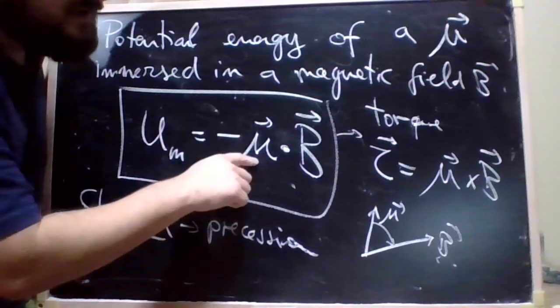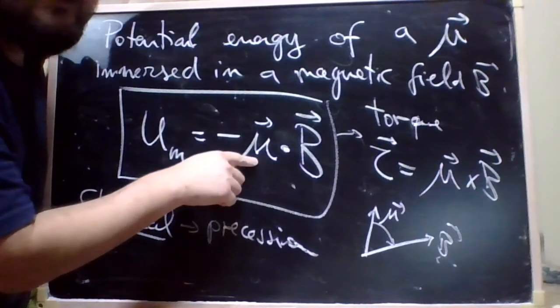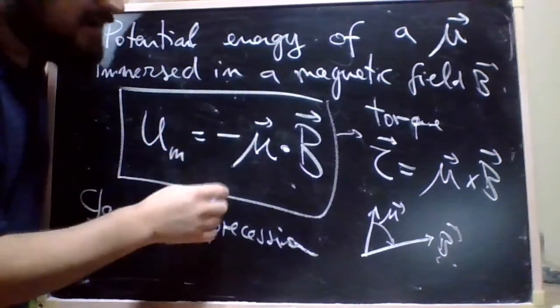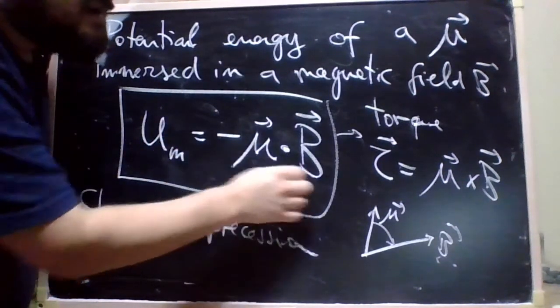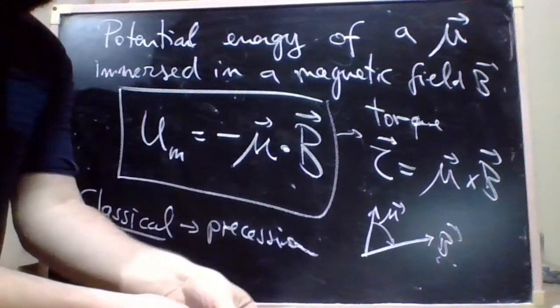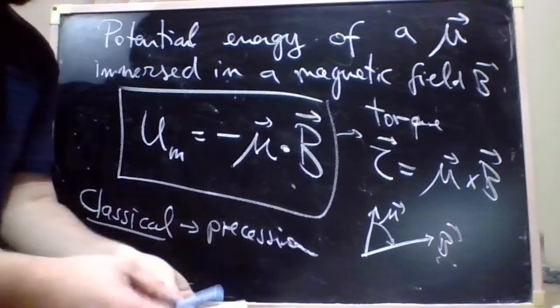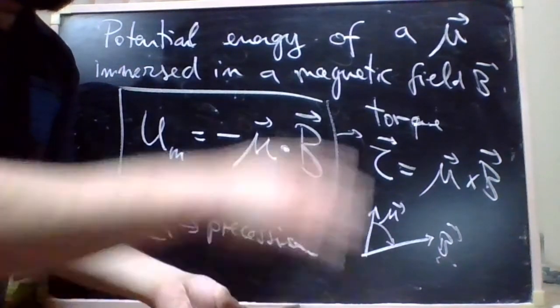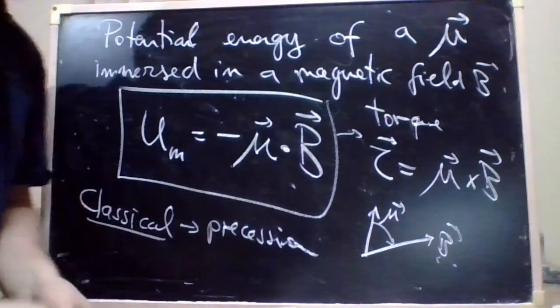But supposing this corresponds to a positive vector in some direction, this thing will get oriented in the same direction. They'll be parallel and you'll find the lowest possible energy.